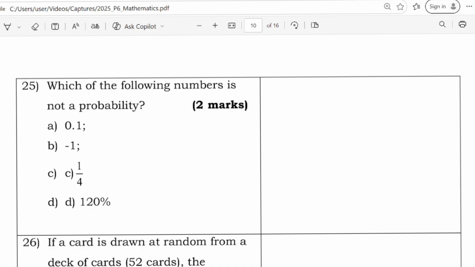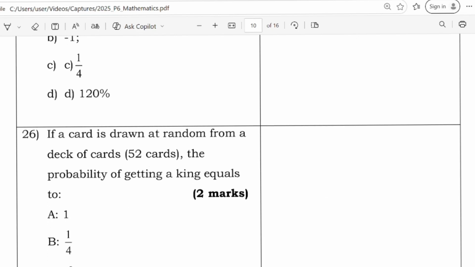So I think it's only D and B that we are going to choose, because they are not probabilities.